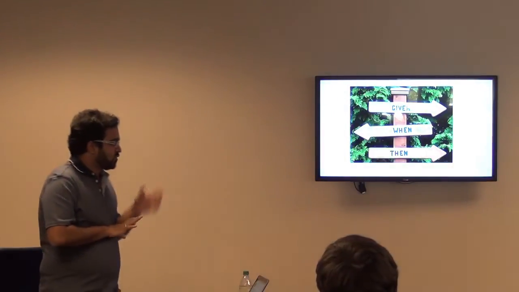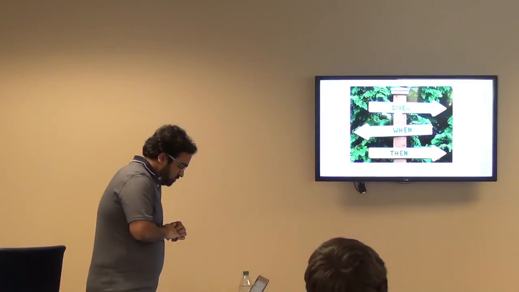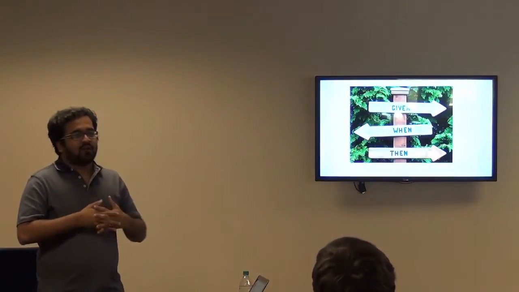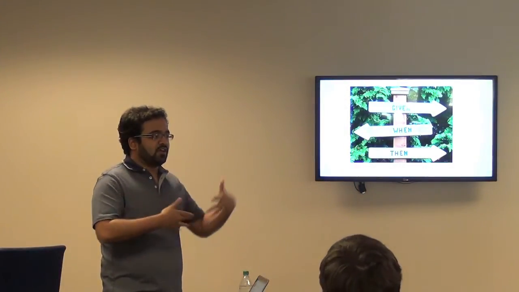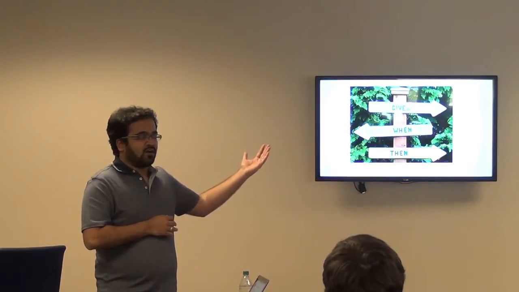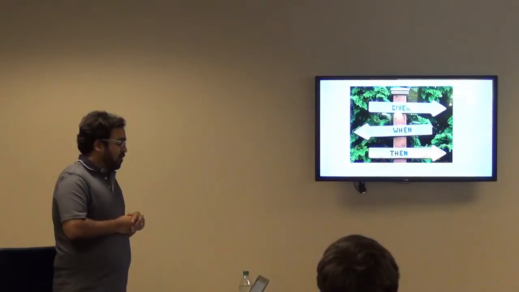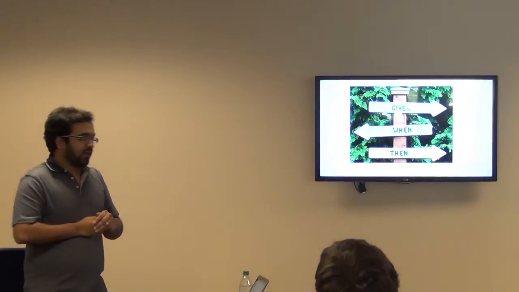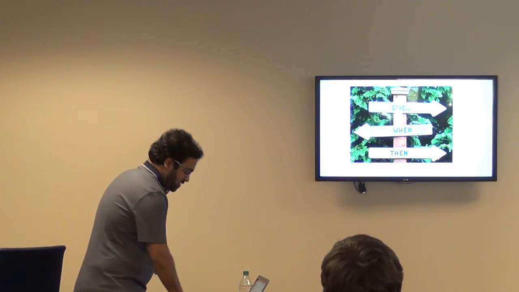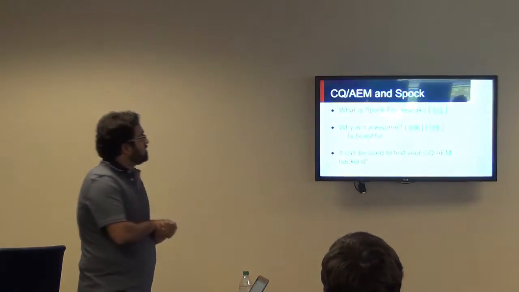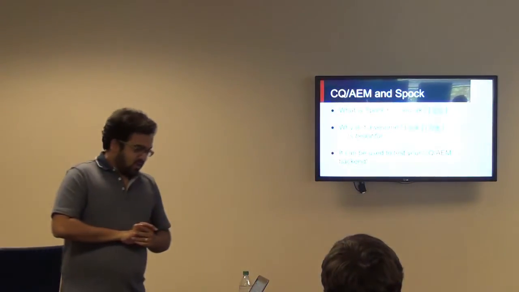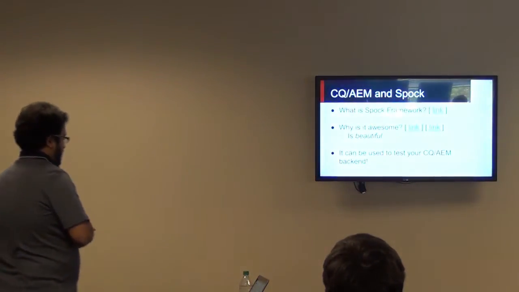Then this is what I'm trying to get to. At this point, I want my test to be easy to read because it's almost like a comment, almost like documentation for me, right? As we saw before, I want it to be easy to understand what it's doing. So at this point, enter the Spock framework. What is the Spock framework?